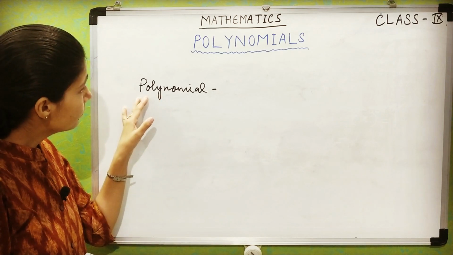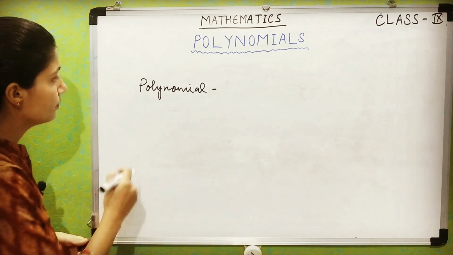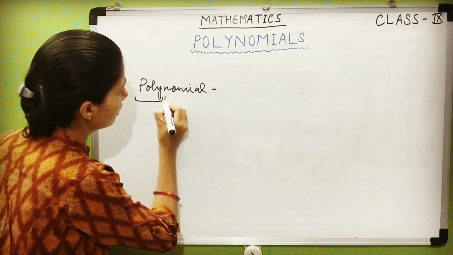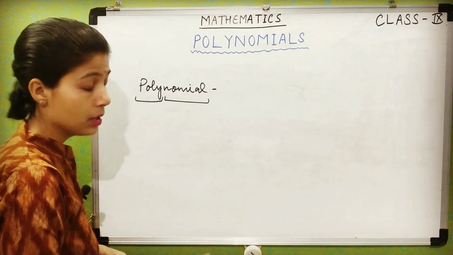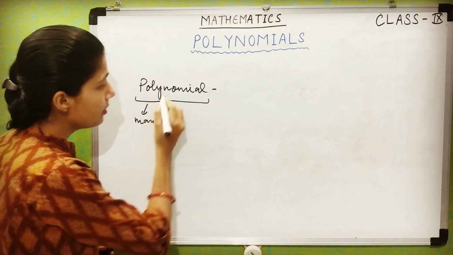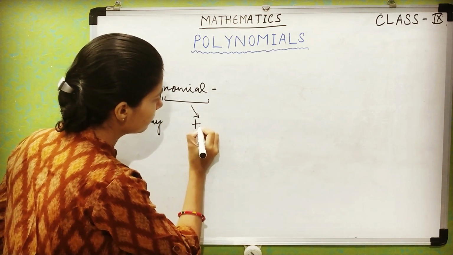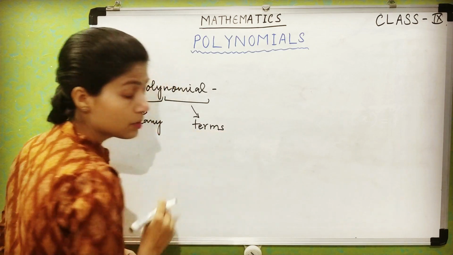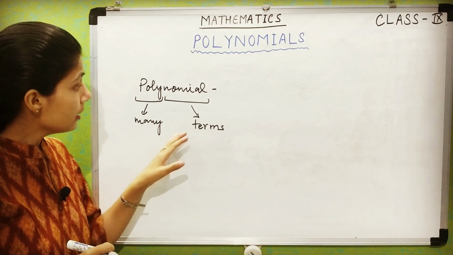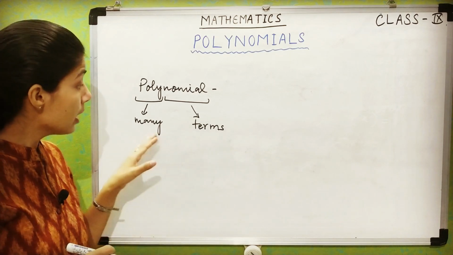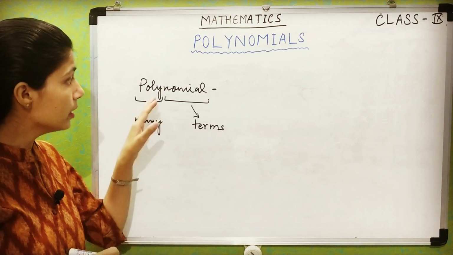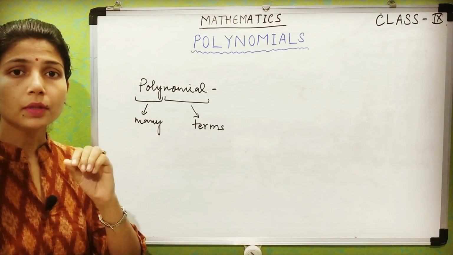First see this word poly. This word is made up of 2 words. One is poly, another one is nomial. Okay. So poly means many and nomial means terms. So it is clear from this word that any expression which will have many terms, okay, that will come under polynomial under some condition.